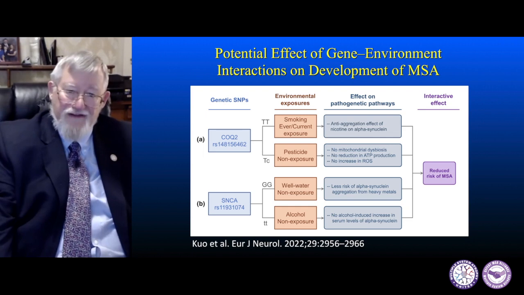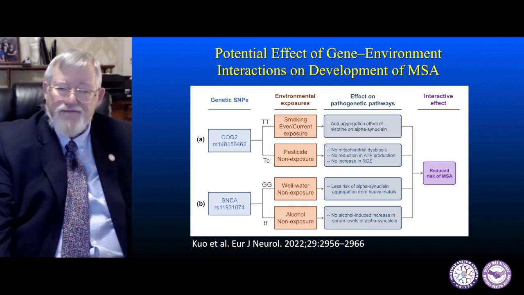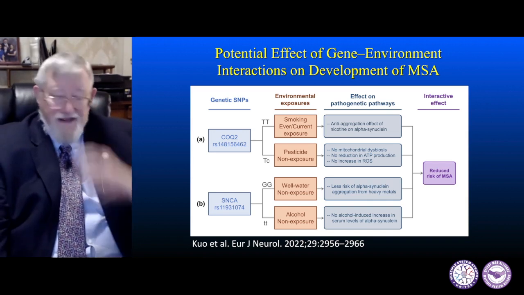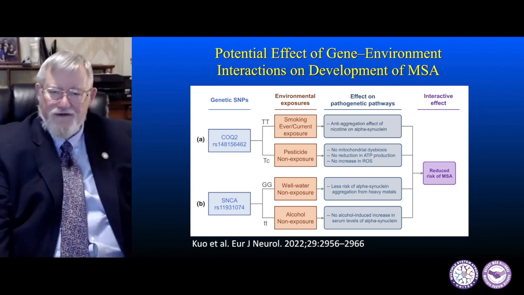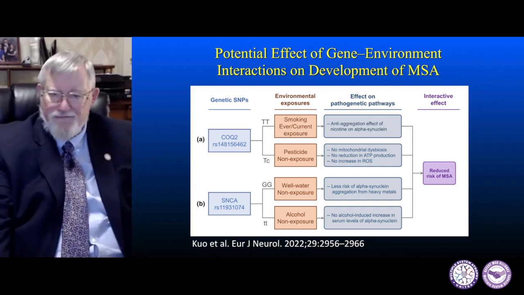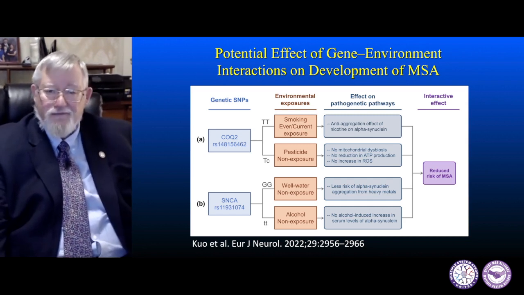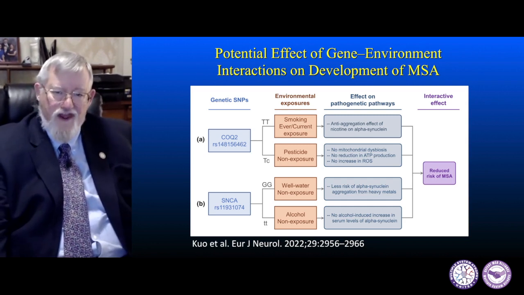So another form of this oxidation-related gene is the TC down here. And if you have this form of the gene, which some people do, many people don't, and you're exposed to certain pesticides, and we're going to ignore the non here.